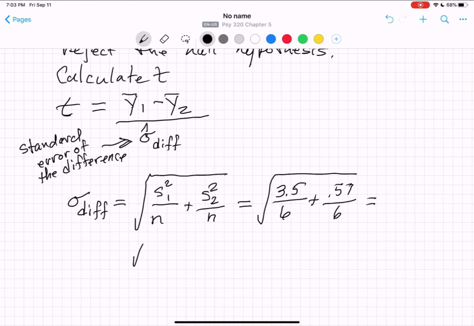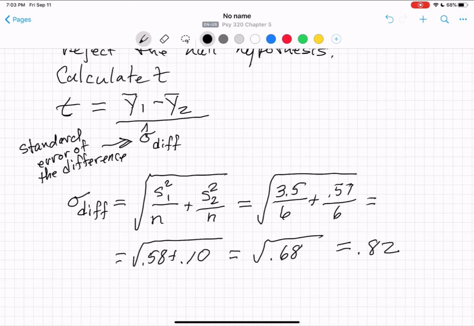Okay, so now we're going to divide 3.5 by 6, and we get 0.58. And 0.57 divided by 6 is 0.10. Then we combine those, so it's the square root of 0.68. And we take that square root and we get 0.82.